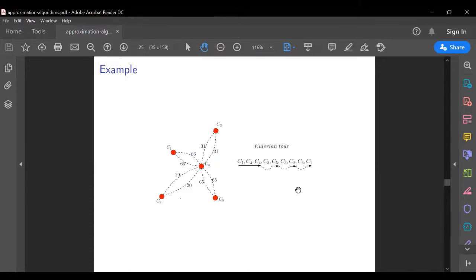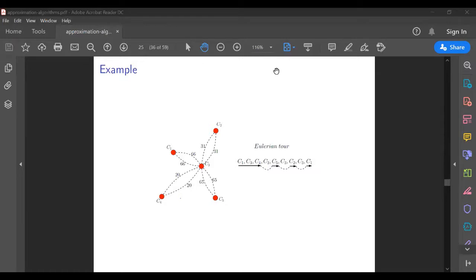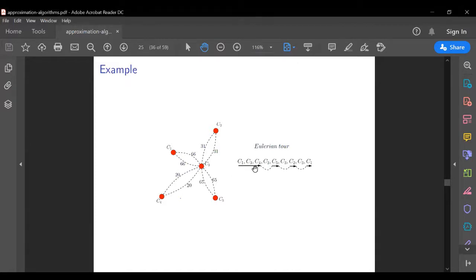So you are starting with C1, from C1 to C3, then C3 to C4, C4 to C5, and like that you go till you reach C1.